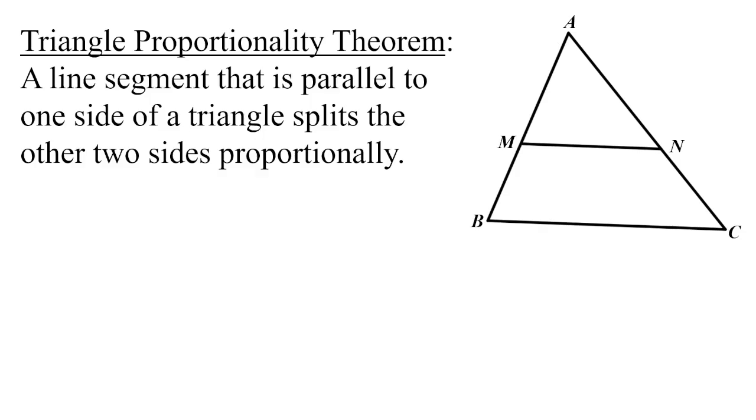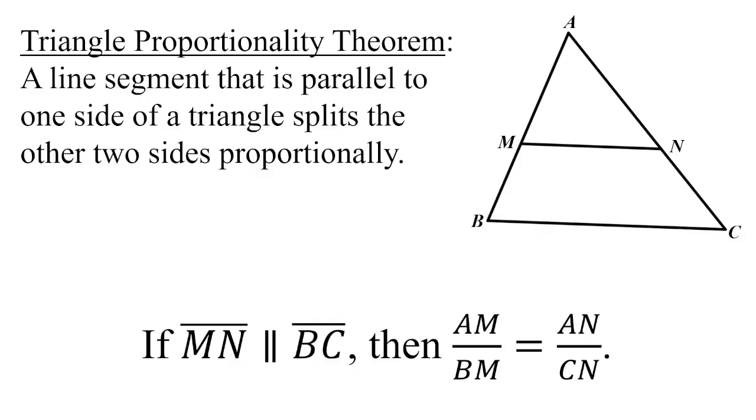So in this case, if segment MN is parallel to segment BC, then the length of segment AM over the length of segment BM equals the length of segment AN over the length of segment CN. So this is the triangle proportionality theorem.